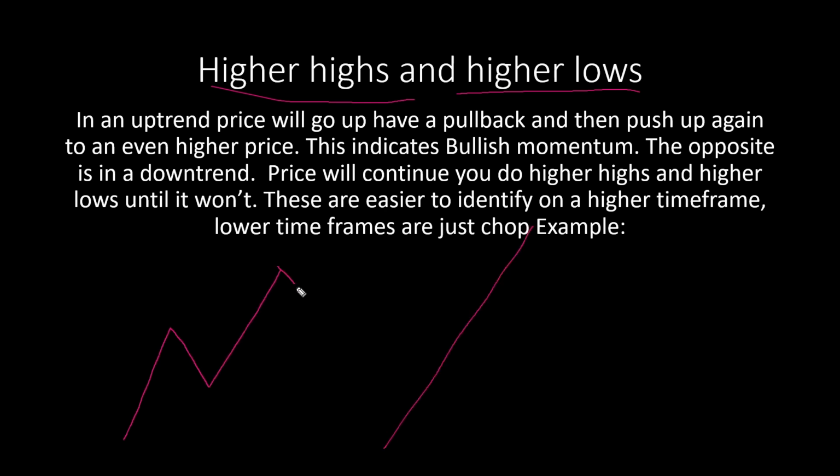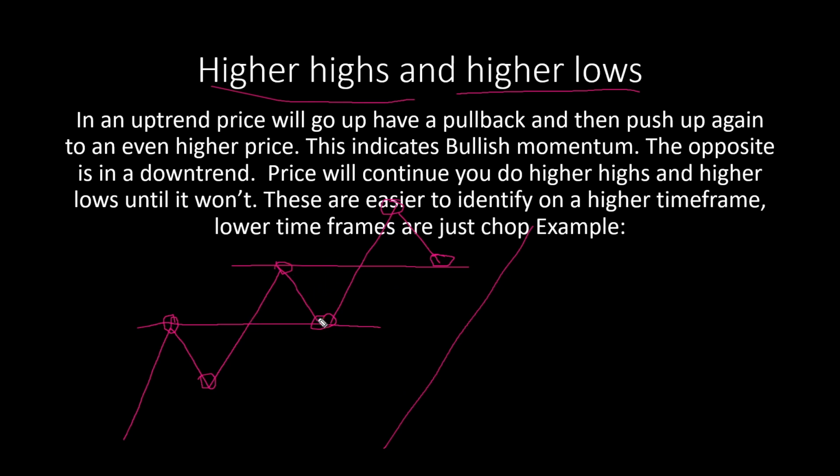Now what I mean with higher highs and higher lows is if you draw a line across the previous high, you can see we have a high, a low, a higher high, a higher low, a higher high, a higher low. If you draw a line across, you can see that it's not breaking structure. It's keeping its structure towards the upside.